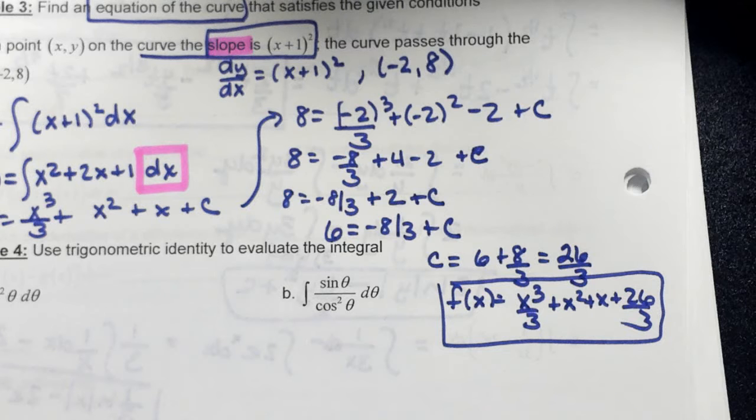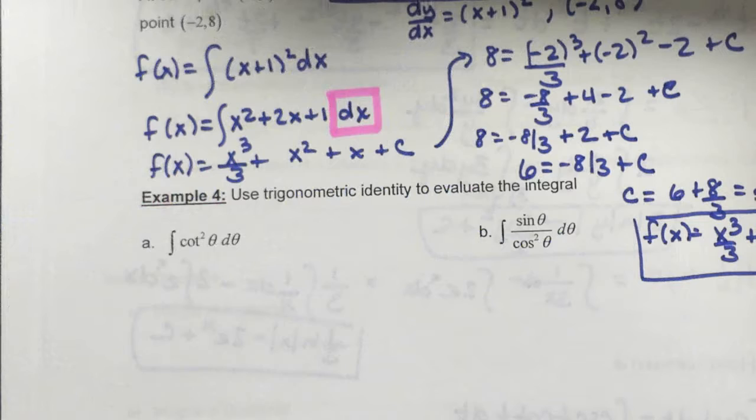All right? So now before we start the last two trig ones, it's important that you guys remember all those lovely Pythagorean identities. Is there a function we know that has a derivative of cotangent squared? No. So this is where you want to think of those trig identities and possibly doing trig identity substitutions.